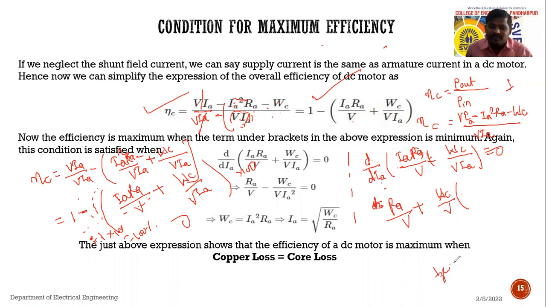Is it minus 1 upon x square or plus 1 upon x square? Just check the formula. It is minus 1 upon x square, that is minus 1 upon IA square.